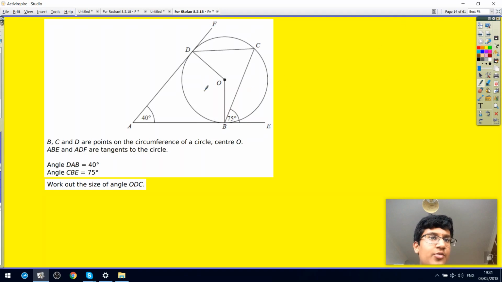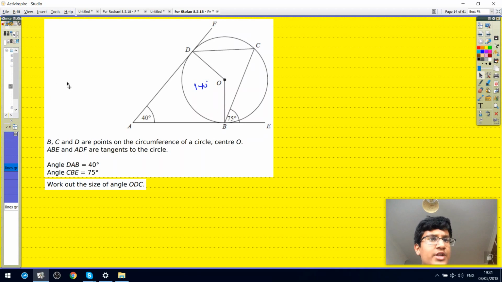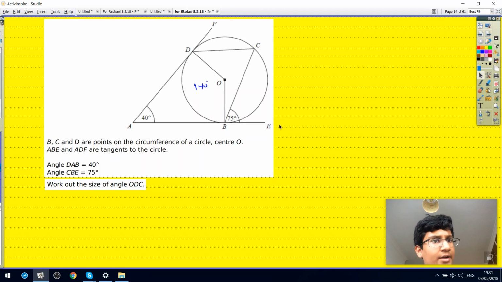And if we know that's 140, the angle on the outside would be 220 degrees.